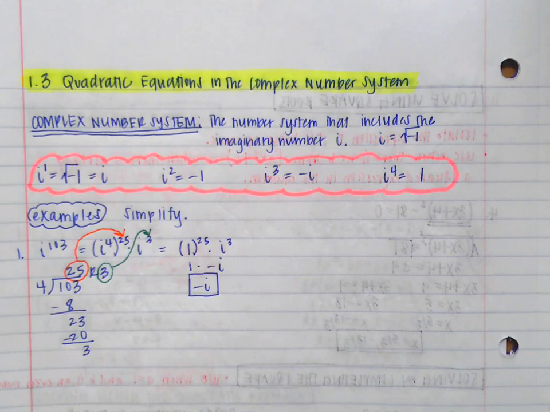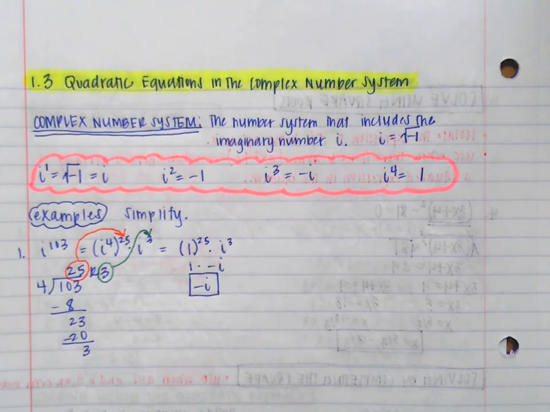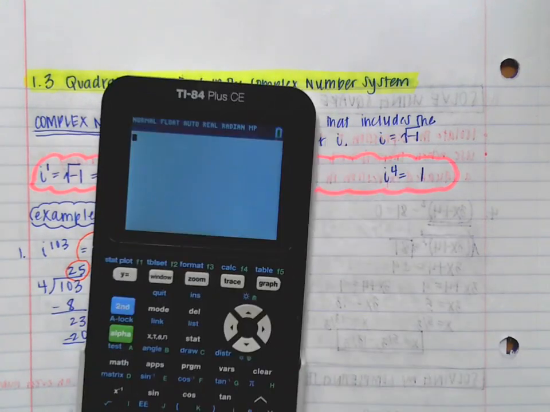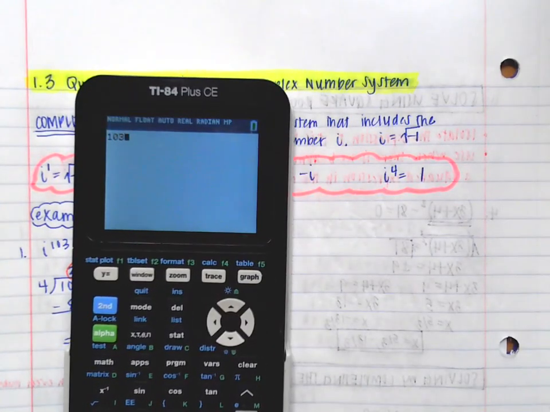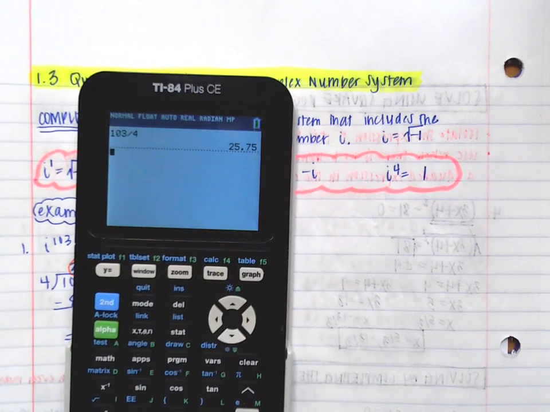Another way of doing it is using a calculator. You can use a calculator to help you also. One thing that I do is I would do 103 divided by 4, and then I look at that 0.75. Well, 0.75 is 3/4.